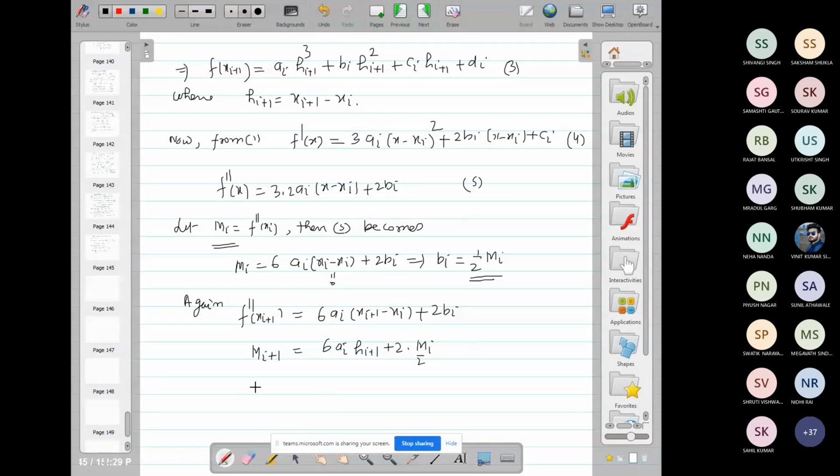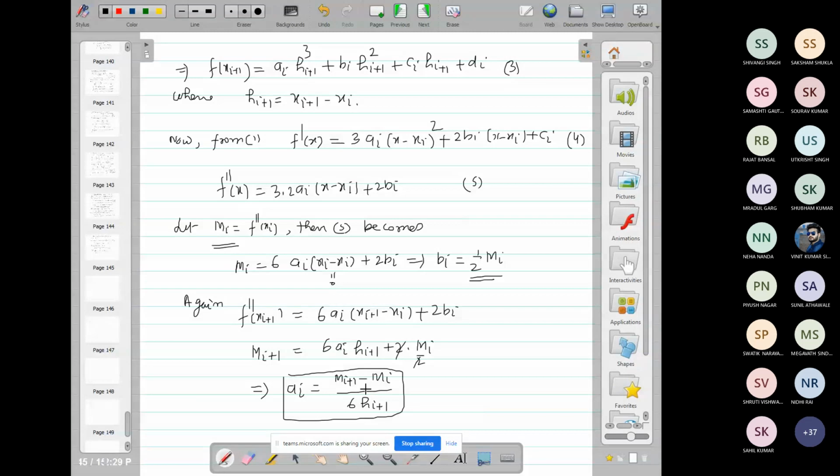So from this relation we have ai is equal to (mi plus 1 minus mi) divided by 6 hi plus 1. So we obtain this. Now ai is also determined.